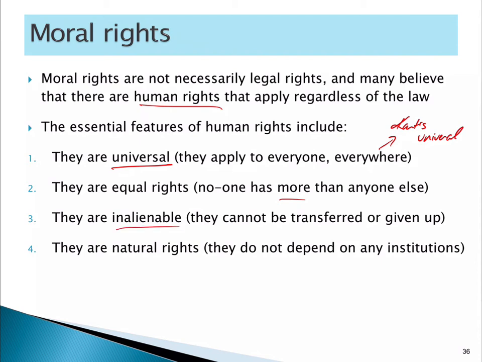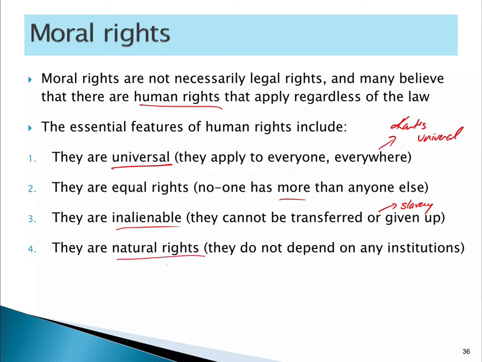They're inalienable. Inalienable is really important: you can't transfer that right or give it up. Something like the right to freedom means you shouldn't be able to give up or transfer the right to someone else. And often they're natural, so they don't depend on anyone or anything.